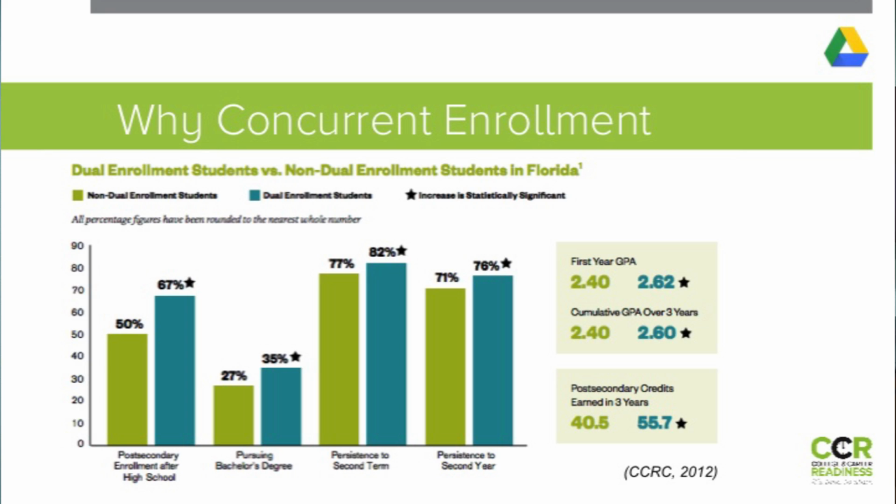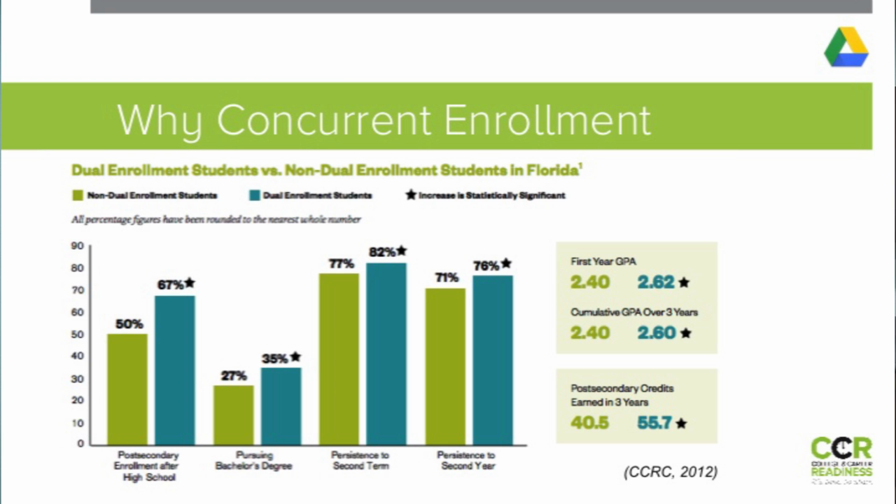And you can see again the cumulative GPA is higher, but also that after 3 years in higher education, our students that have dual enrolled coursework in high school complete 55.7 units of post-secondary credit at the end of 3 years, as compared to 40 credits for those students that did not have a dual enrollment course while in high school. So you can see the numbers here.